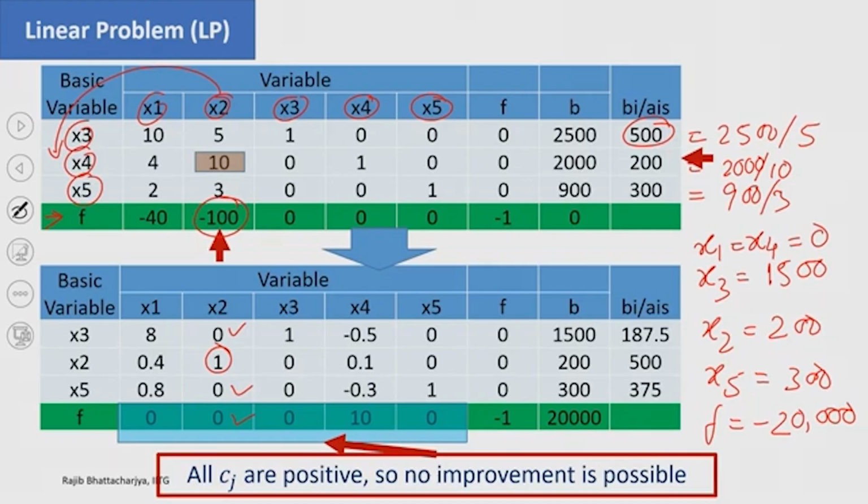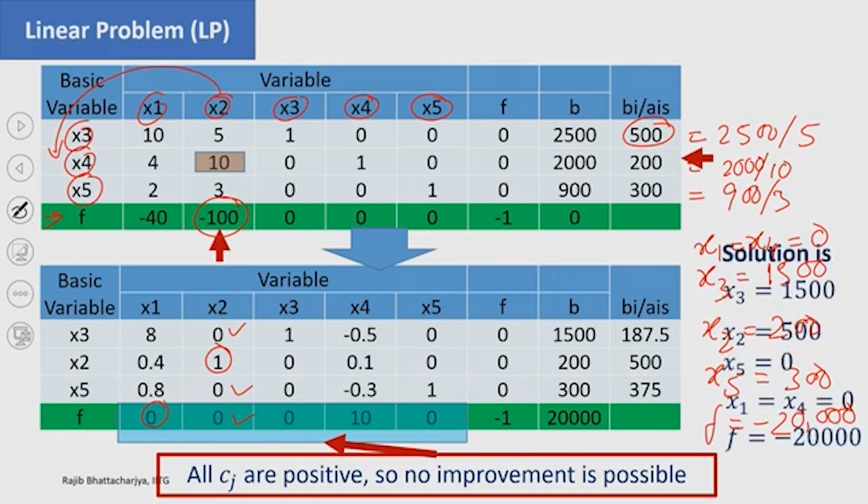Now, the question is, if I consider x1, okay. So, if I consider x1, here you just see the coefficient is 0. So, that means you are not getting any improved solution by converting x1 into a basic variable, is it not? But let us do that. What will we get?